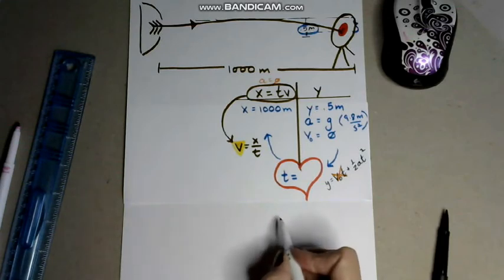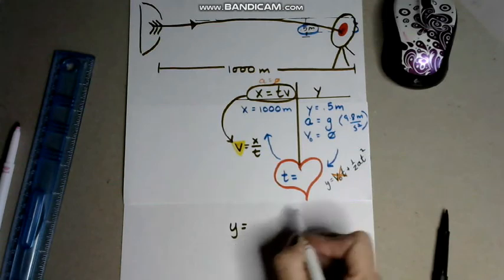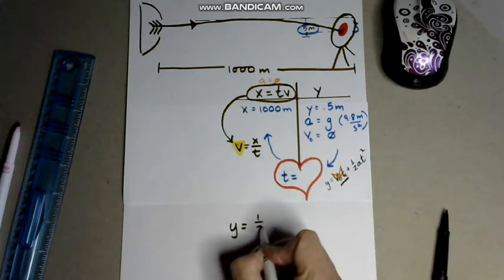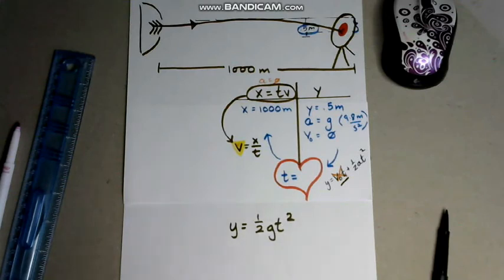Okay, so here is my y equals v naught t. I can cancel that out. 1/2 at squared. I'm going to put g. What is it that I'm looking for? I'm looking for t.